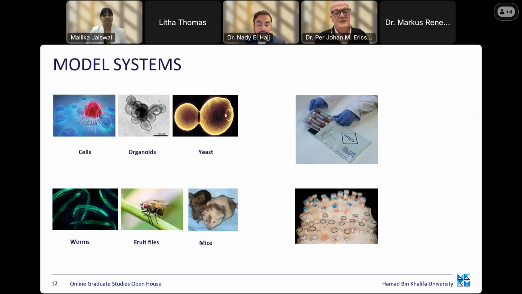So all of this positions us really nicely to address disease mechanisms and help us identify potential drug targets that eventually, we hope, will benefit patients in Qatar, in the region, and hopefully globally.